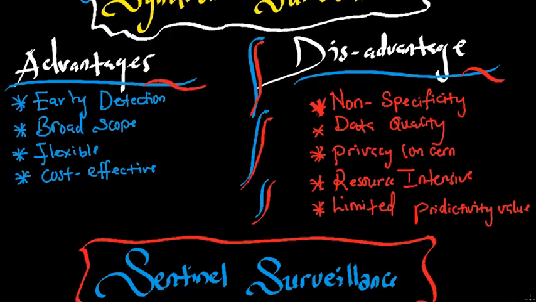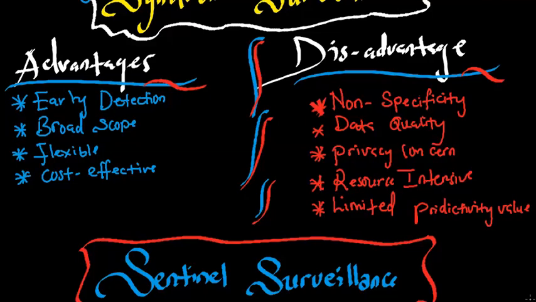So let's try to explain a few of these. Under the advantages, we are going to start with the first one, which is early detection. It can detect outbreaks earlier than traditional surveillance methods, allowing for timely public health responses. What about the broad scope? It can monitor a wide range of symptoms or indicators, providing a more comprehensive view of public health threats.